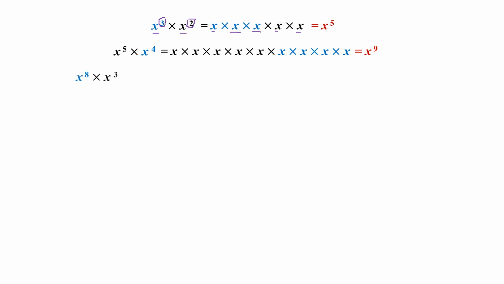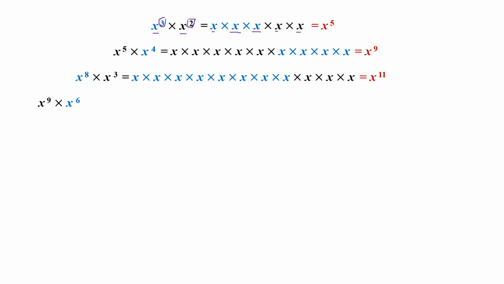Let's move on to the third expression, x to the power 8 by x to the power 3. We have 8 blue x's multiplying each other and 3 black x's multiplying each other. If we count them all together, the total number of x's multiplying each other is now 11. So the answer is x to the power 11.